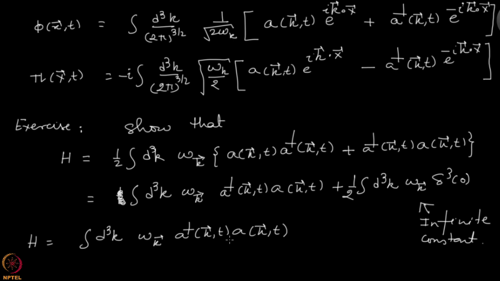Now I want to do one more thing. You already know that energy by itself is not a Lorentz invariant quantity, neither is momentum, but together they form a 4 vector.